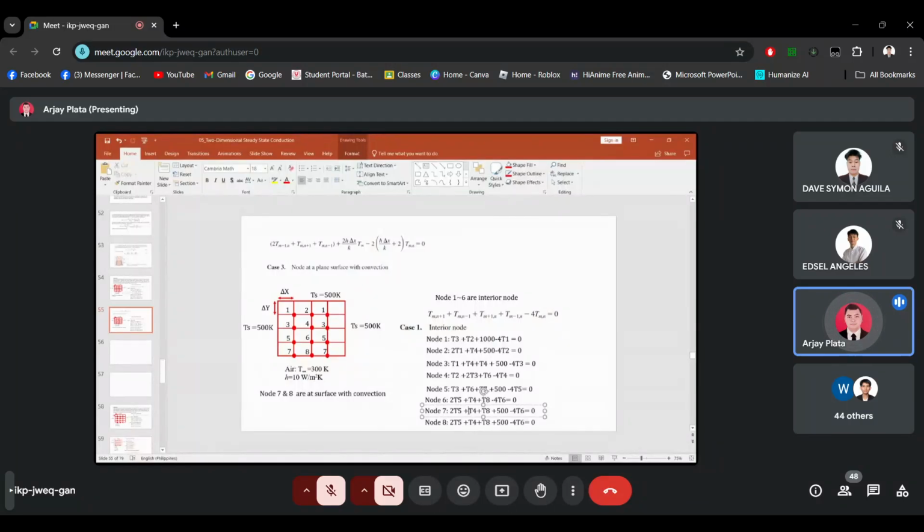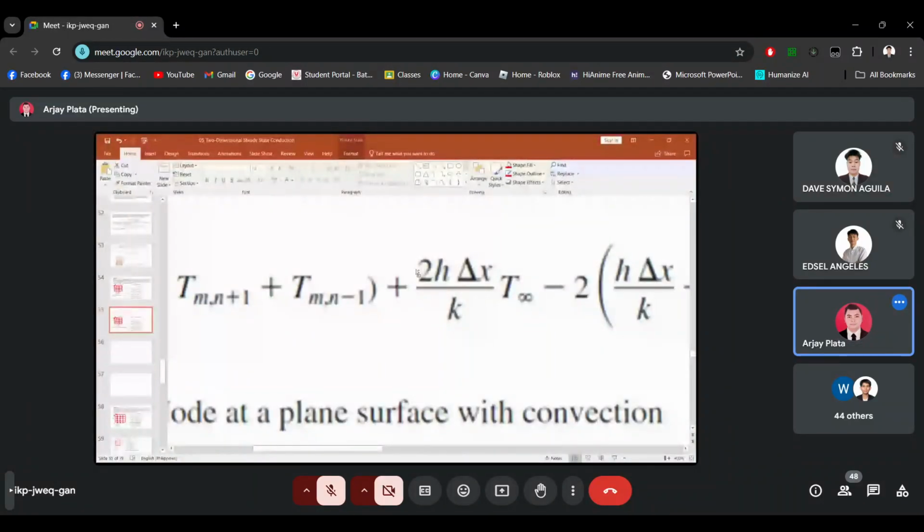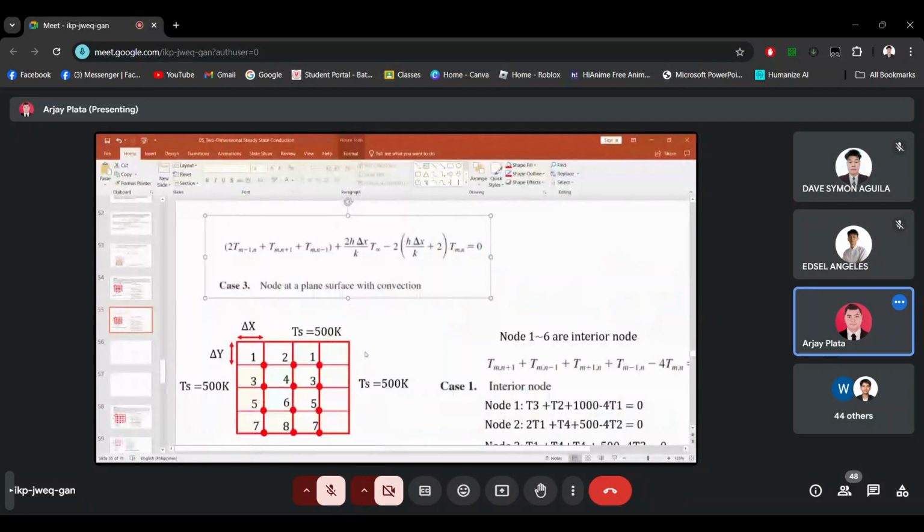By the way, we use delta x for convection, right? So in this equation, 2h delta x. Wait, I will enlarge it.